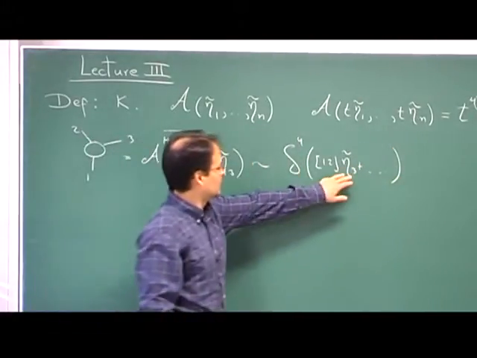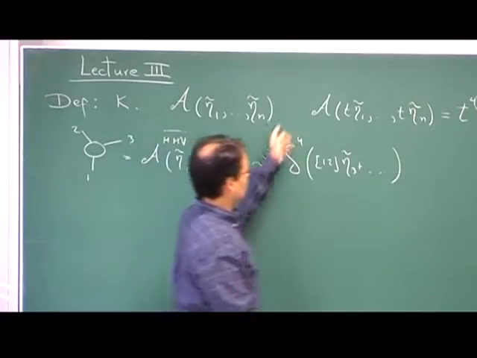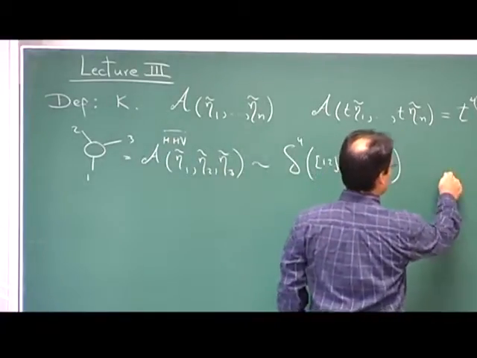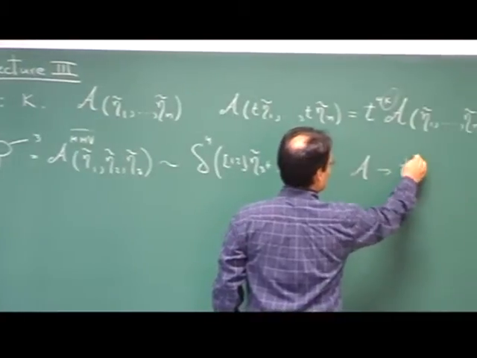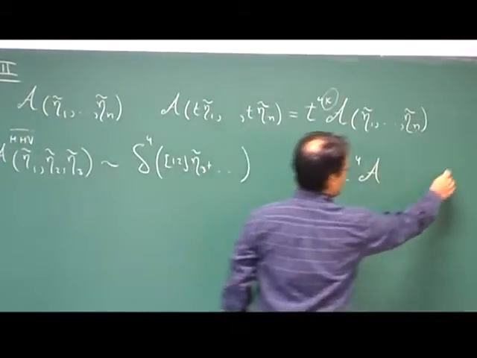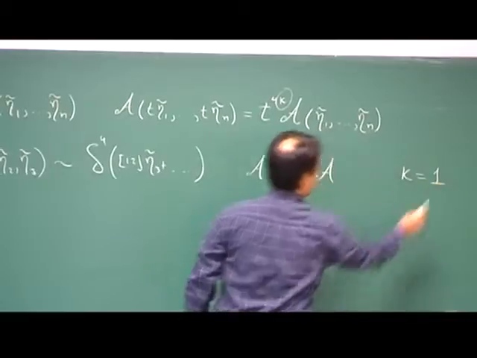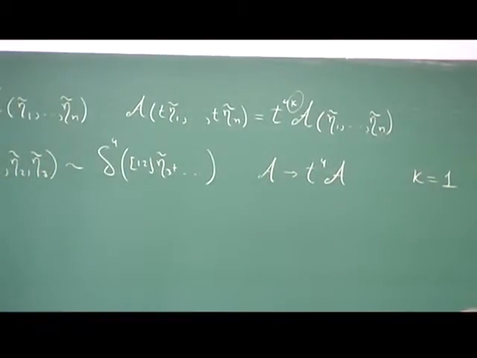That's the only dependence on eta tildes that appears in this amplitude. So if we perform the rescaling, we clearly get that A goes to t to the fourth A. And therefore, we get that K is equal to 1, as I told you yesterday.